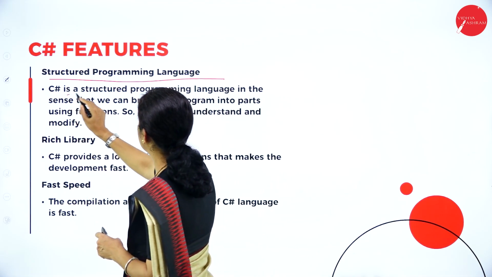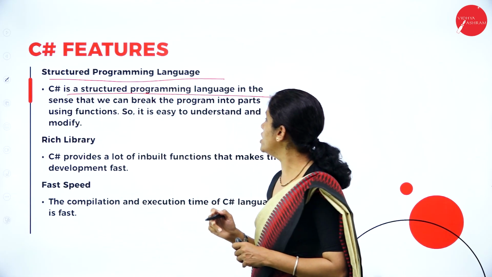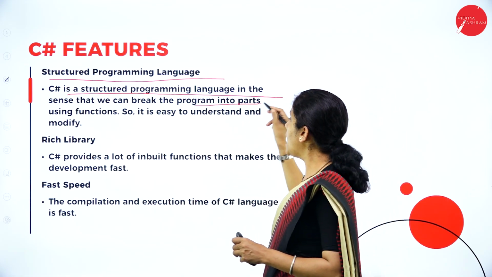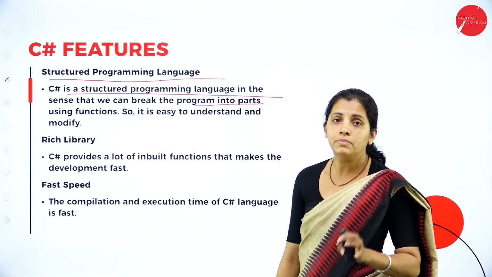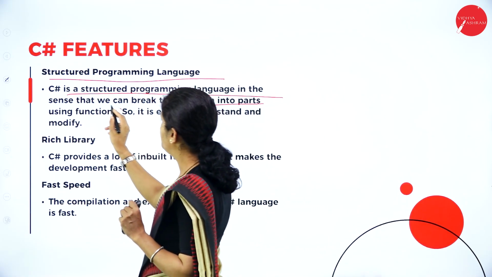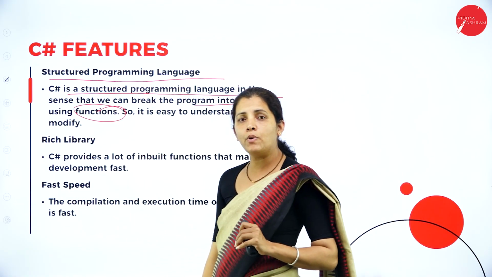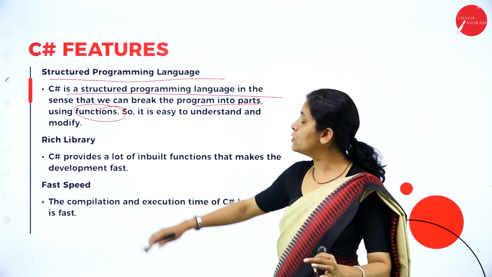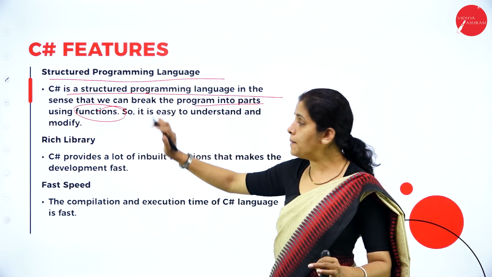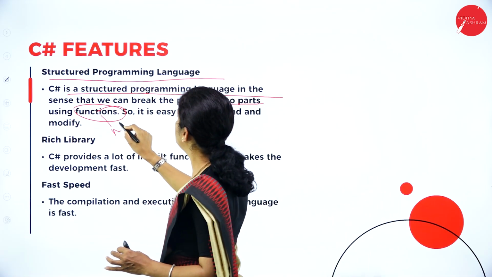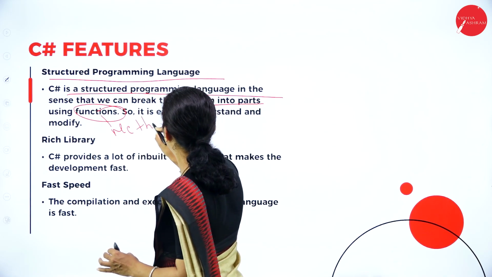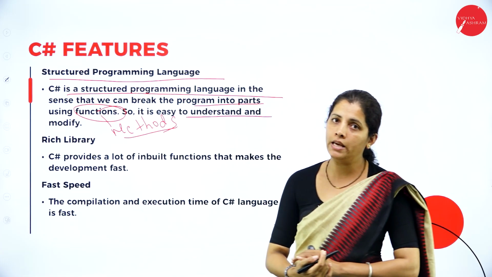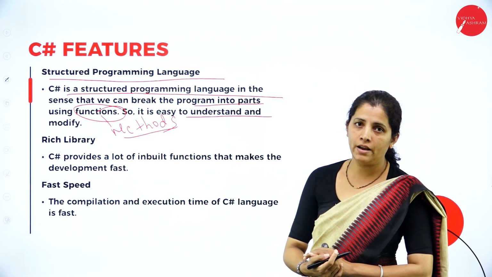So C# is a structured programming language in the sense we are going to break the program into parts using functions. In a C program, I call them by the name function. C# is an object oriented programming language, where functions are nothing but methods. So it is easy to understand and very easy to modify.